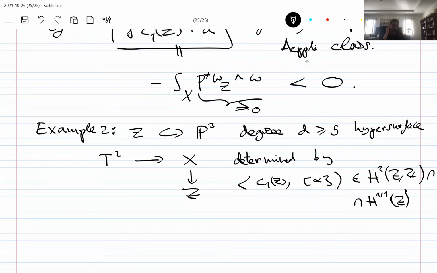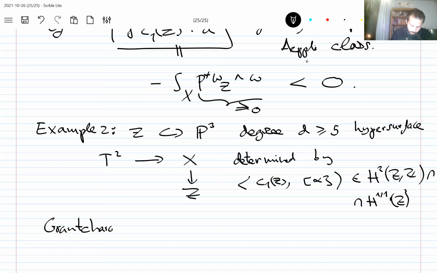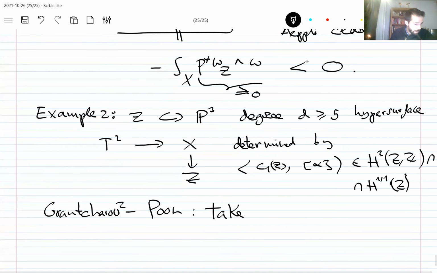Right, and then what you do is to prove that there are natural conditions under which X is pluriclosed. So this is a result by Grancharov. By the way, sorry, I didn't say that. The fact that this X is generated by the first Chern class and the class of alpha tells you that the first Chern class of X is 0.